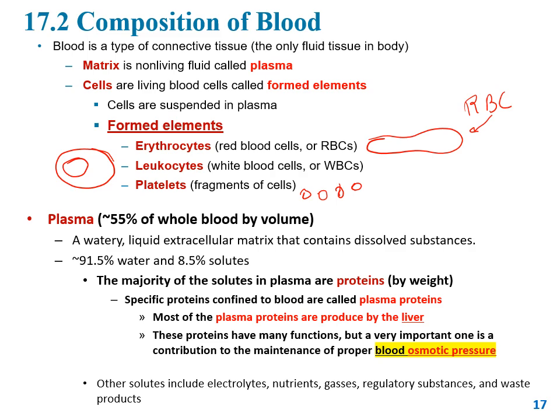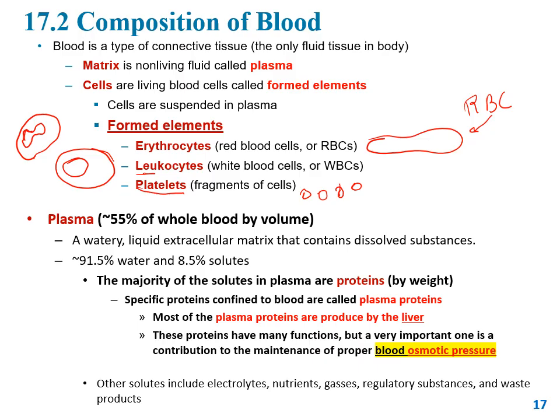Then you look at the leukocytes, the white blood cells. You have a lot of different types of white blood cells, but those are the bigger guys, bigger than red blood cells, and they do have nuclei. Some of your white blood cells have weird shaped nuclei, but they do have one nucleus per cell. So real cells, you have red blood cells and leukocytes, and then you have these platelets.